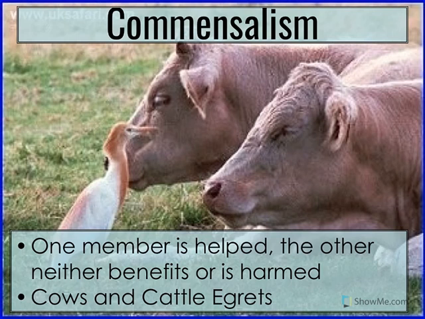As they're kicking and walking around, those bugs are released from the grass into the air, and the egrets have learned to follow the cows and capture those bugs as they're released into the air. So the egrets are benefiting because they're getting a meal. The cows are kind of just neutral. They're just doing their thing.